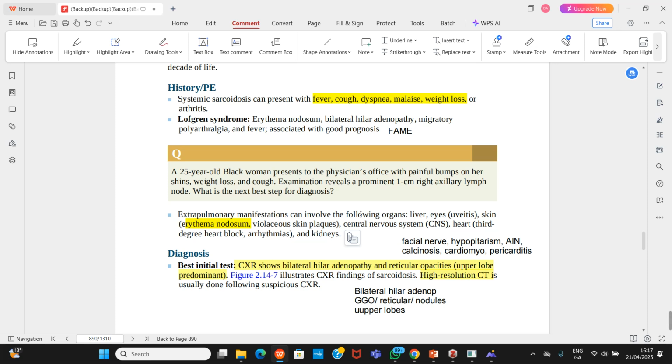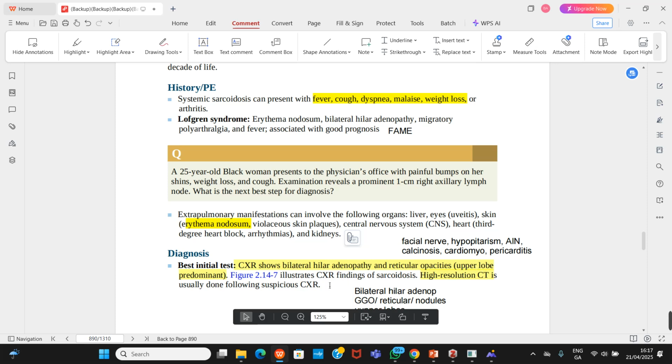Don't forget, we have said that the umbrella term for most of all these interstitial lung diseases is what? Reticulonodular pattern or ground glass opacity. So sarcoidosis too is going to have reticular opacity, and it can be nodular too. Reticulonodular opacity, but preferentially affecting the upper lobe. Don't forget it.